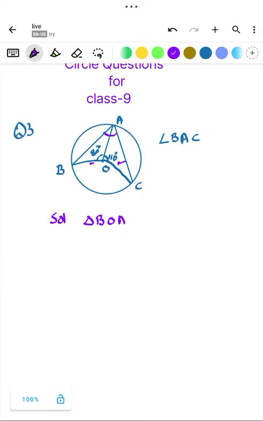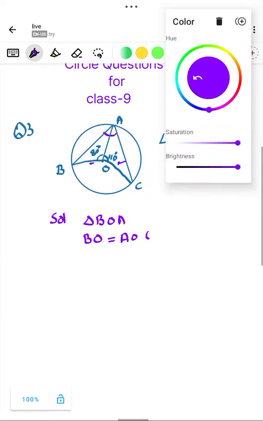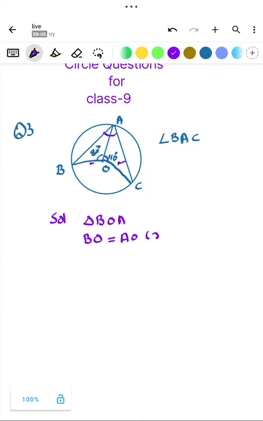Now in triangle BOA, BO is equal to AO, radius of the same circle. Okay. Now if this side is equal to this side, then this angle will be equal to this angle.